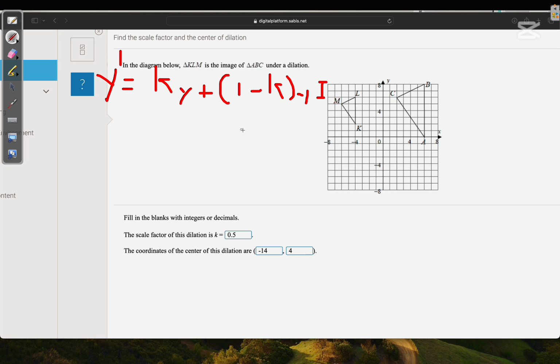So ky, which is 0.5 times the y of k, let's take it again, which is 0.5 times 2 plus, y prime, oh my goodness, I'm so sorry, I took y as 2, no, but I'm wrong, y prime is 2, not y.